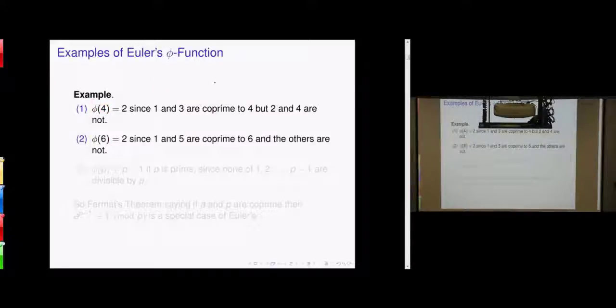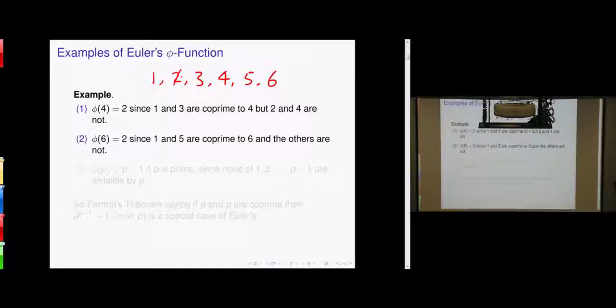Phi of 6. So we look at the numbers from 1 to 6: 1, 2, 3, 4, 5, 6. And then among these, we cross out those having a common factor with 6. For example, 2 and 6 have a common factor 2.